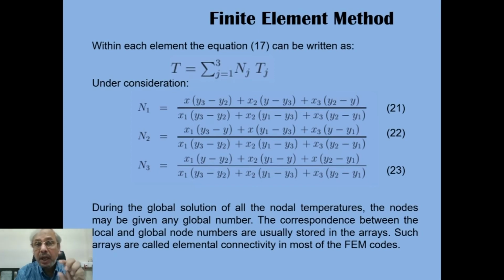Otherwise, it will have a local node number depending on the element and which node of the element that point is. The correspondence between local and global node numbers is usually stored in the form of arrays, and this is called elemental connectivity, and we will discuss this in one of the subsequent lectures.